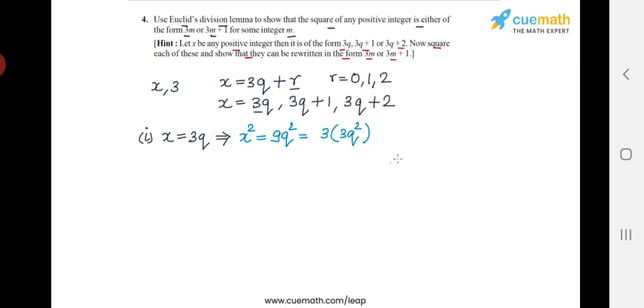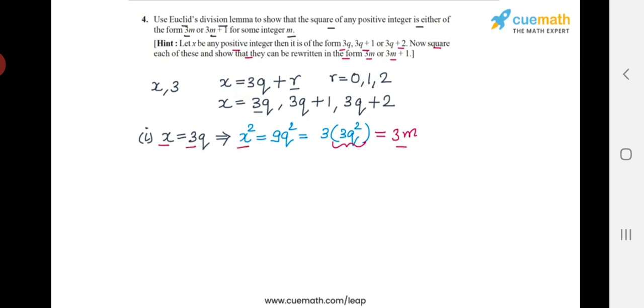So this is of the form 3 times m, where m is some integer that we can use to represent this part. So if x is of the form 3q, then x square is of the form 3m.